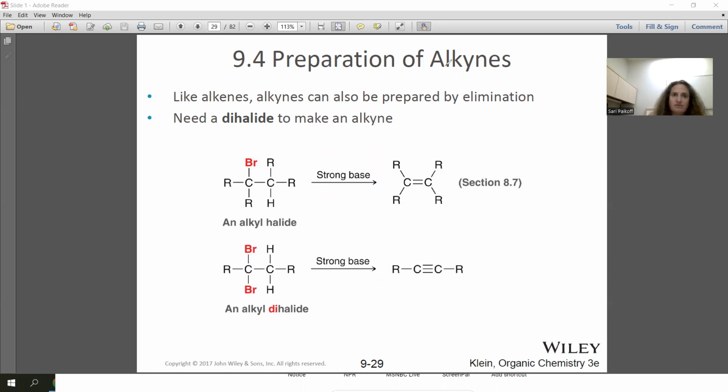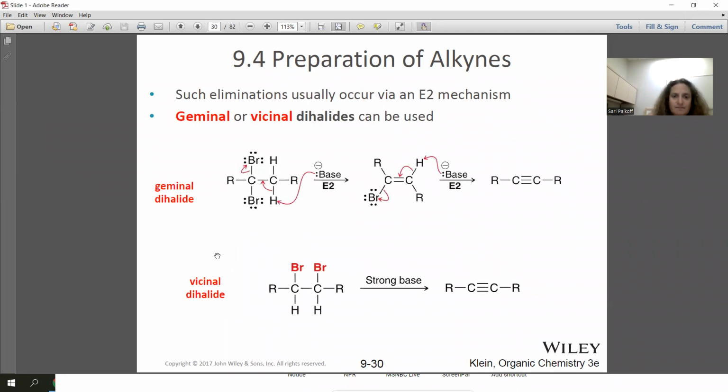So now we're going to move back and look here. And notice when we talk about our reaction, the first step is we do an E2 and we get our alkene intermediate right here.